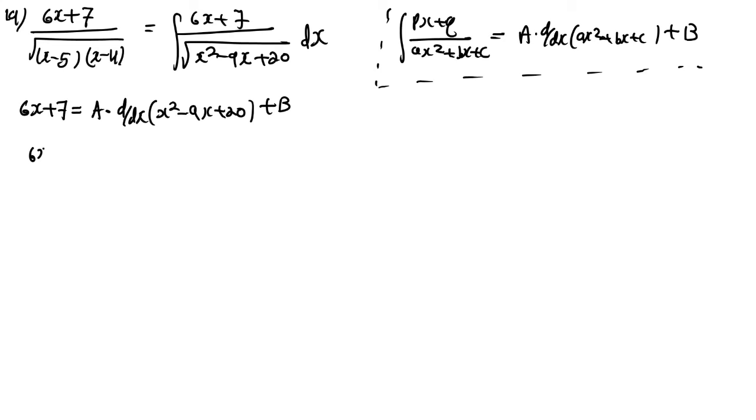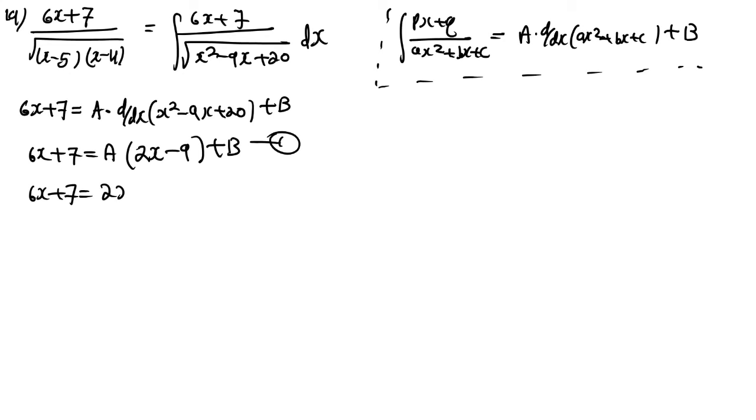So 6x plus 7 is equal to a into (2x minus 9) plus b. Take it as equation 1. Now calculate a and b values. Here I'll write it as 6x plus 7 is equal to 2x into a minus 9a plus b.